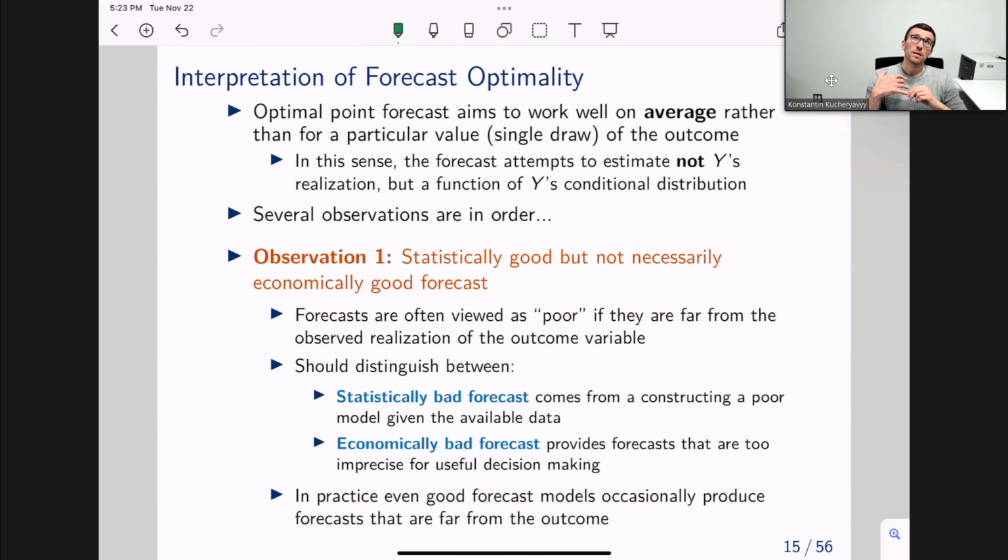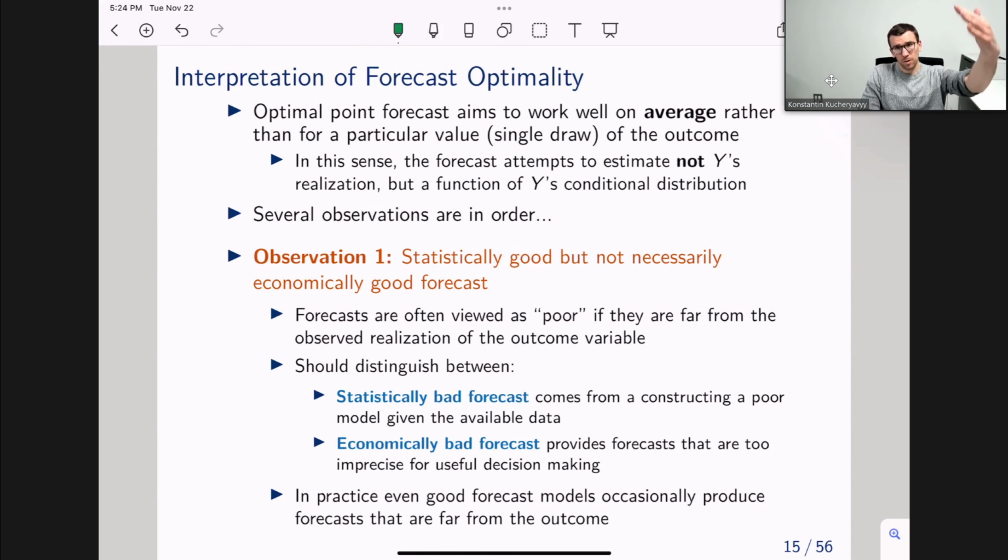But we can say that perhaps if we look back at the history of IMF forecasts of Russian GDP, on average they do a good job according to some loss function. And so that forecast of -10 may not be a reason to criticize the IMF, because on average they do a good job.